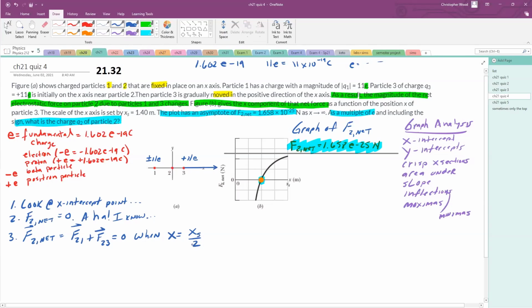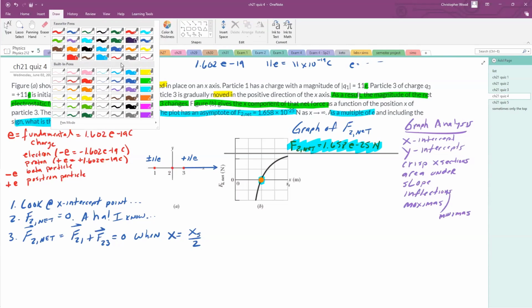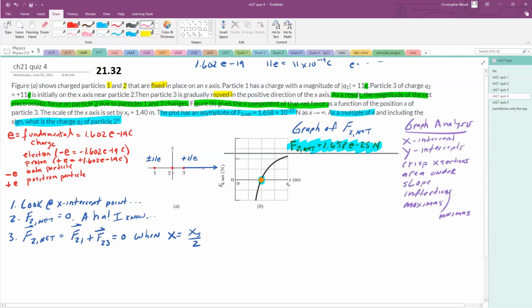So let's talk about that. There is no net force. There's no net force on particle 2 when the distance between particle 2 and particle 3, which is shown here, this is the distance between particle 2 and particle 3. So this is R2,3. The distance between 2 and 3. I guess let's just call that X.